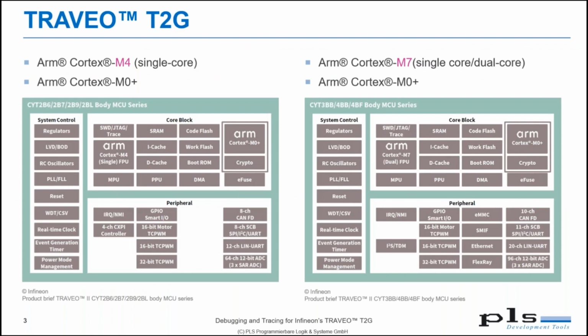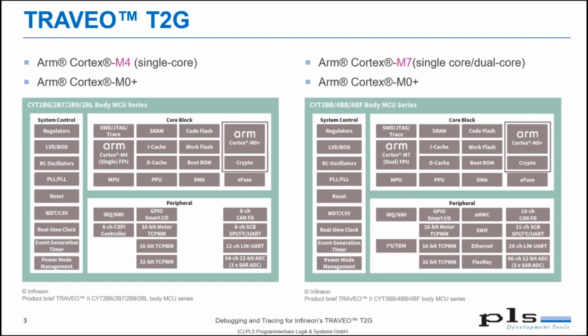Before we begin to look at the debug features and to look how to debug an application, let me introduce a little bit the TRAVEO II microcontroller. The TRAVEO II is a microcontroller that was added to Infineon's product portfolio of automotive microcontrollers after the acquisition of Cypress by Infineon in 2020.